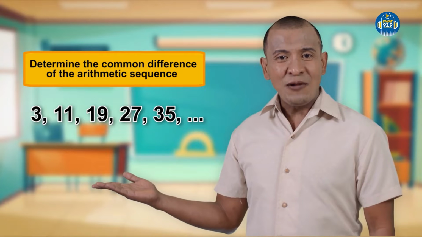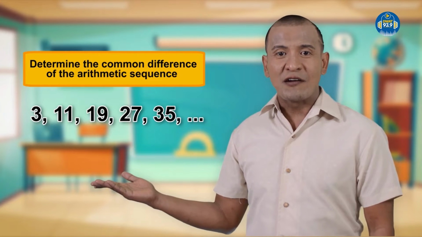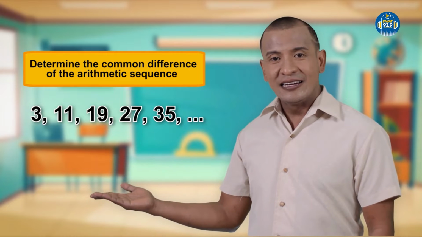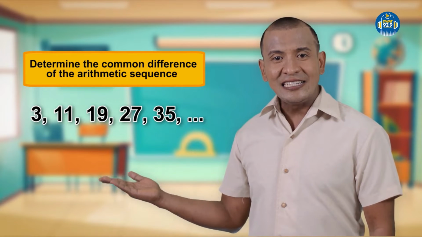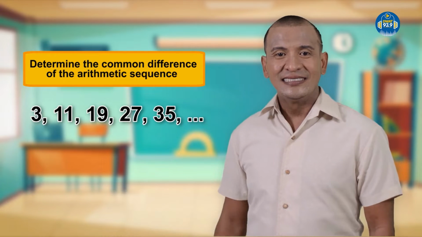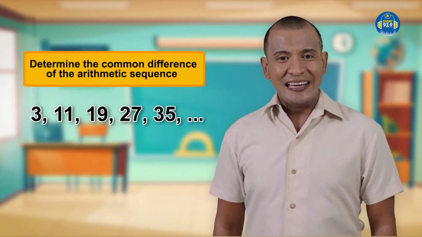First up, determine the common difference of the following arithmetic sequence. First, 3, 11, 19, 27, 35. What is d?